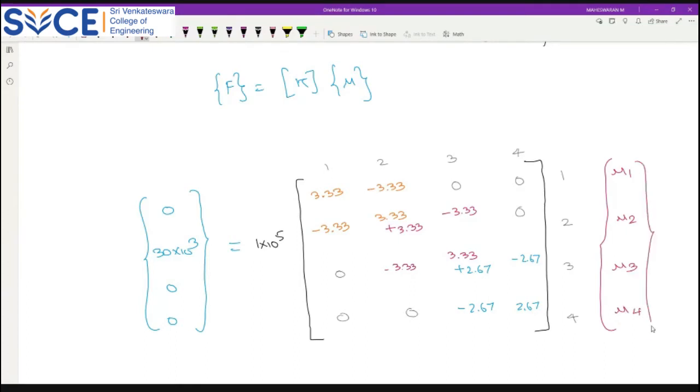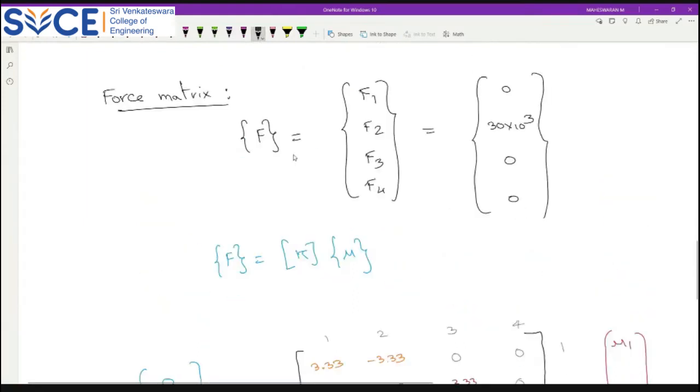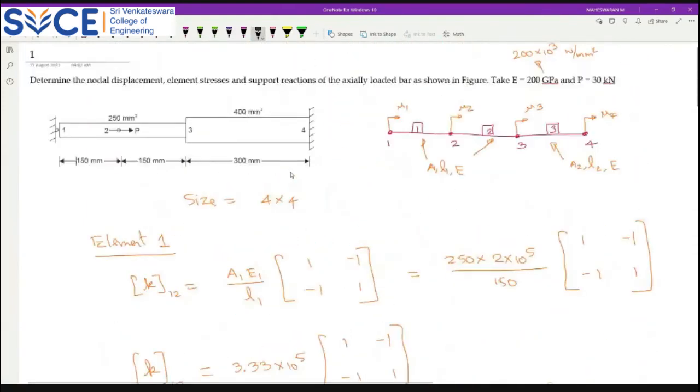So this is my F is equal to K into U. Now what can I do? I can eliminate the terms which are 0. According to the problem, U1 is 0 and U4 is 0. These two terms are zeros.